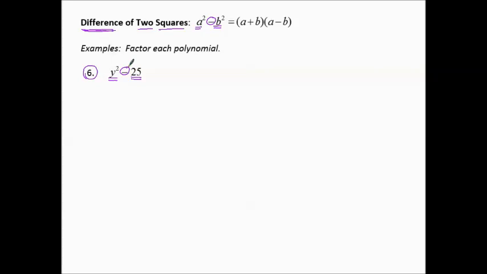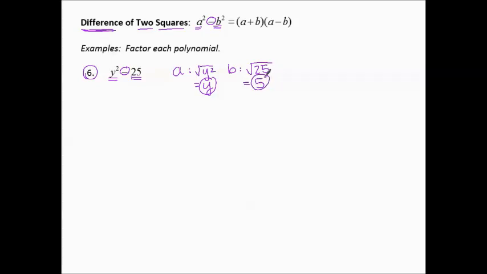So what I want to do is identify a and b. I look at my first term and I see y squared. The square root of y squared is equal to y. When I look at my b, I look at my second term and I say, what's the square root of 25? And the square root of 25 is 5.